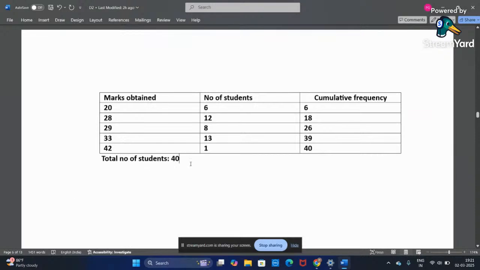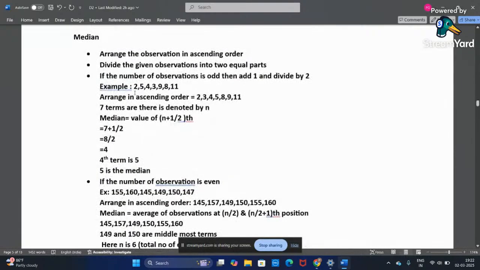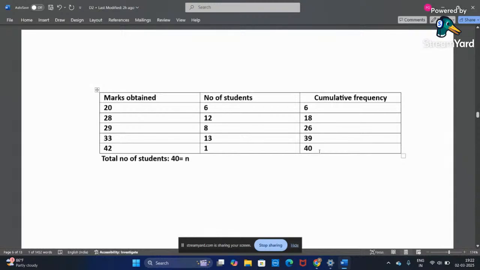Okay. This 40, what is this? This is n, right? The total number of observations is denoted by n. Earlier the observations were 7. In the same way, here the observations are 40. This 40 is an even number.